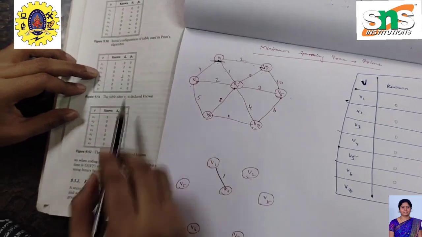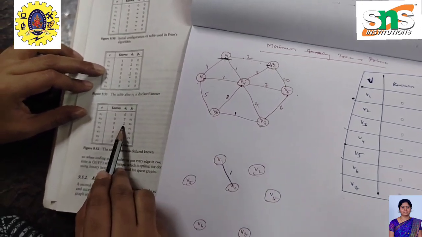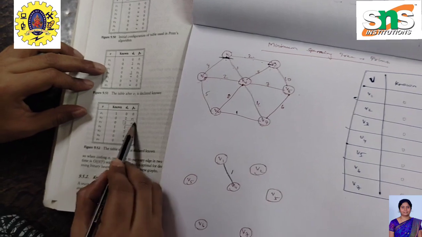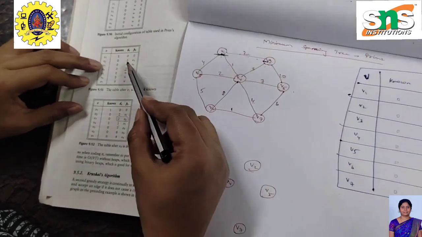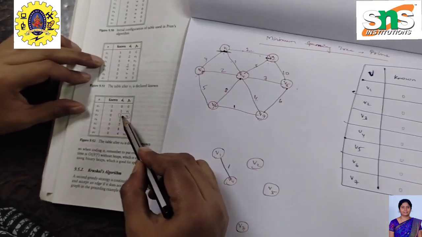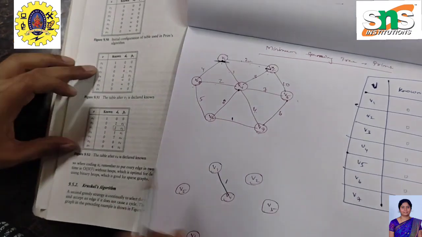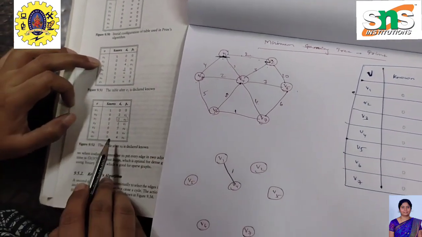Compared to 4, my value 2 is lesser, so I am updating the value as 2. Now I have the lesser value. So this is the updated table.